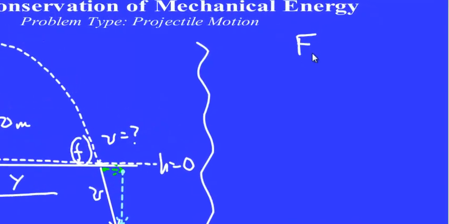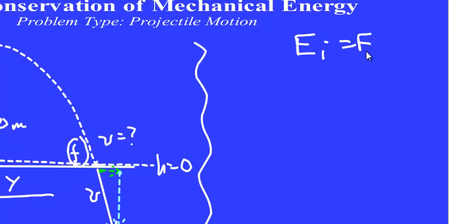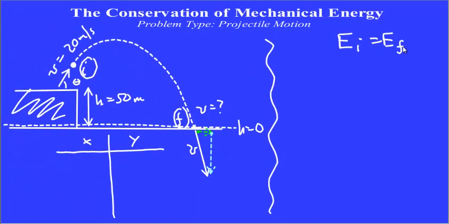So I'm going to write that just like this: the energy at the beginning is equal to the energy at the end. All you have to do is figure out what kinds of energies the object has at the beginning, and what kinds of energies the object has at the end. Notice that I've defined my height as 0. Before I make any GPE assessments, I need to be clear about where my 0 GPE level is, so it makes sense to put it on the ground.